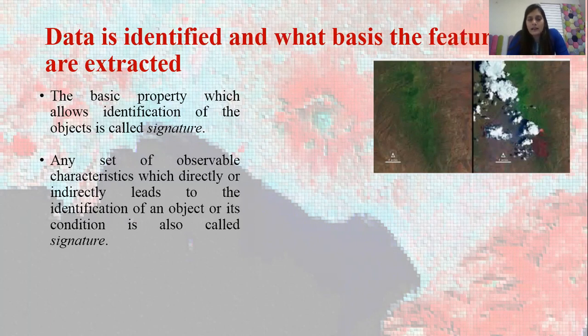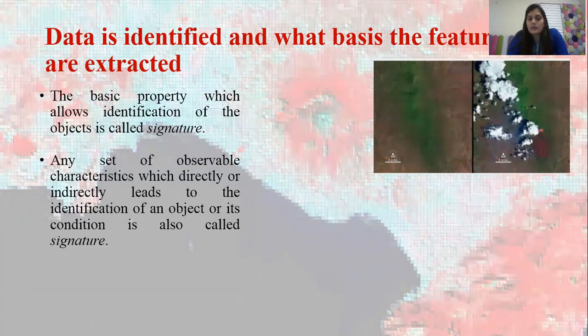It does not mean that signature means one particular signature. There is sometimes a characteristic which is directly or indirectly related to it. The purpose of showing this is that when the image is obtained, the first further process is to identify the objects and to give the signature to it. That is known as identification.